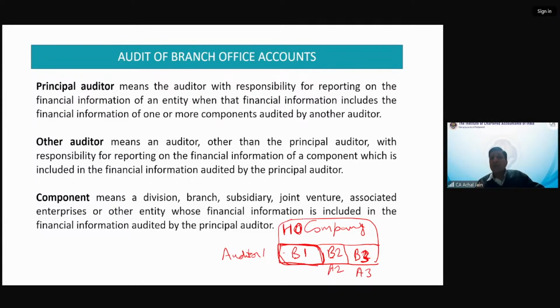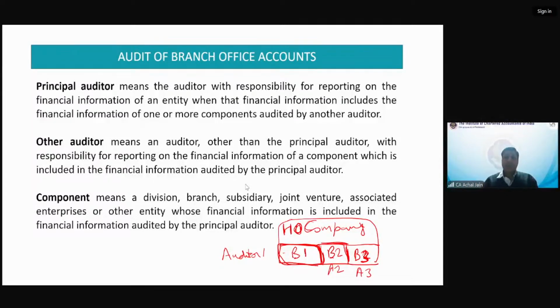Because each branch will only prepare its own trial balance or financial statements, its own books of accounts. But for this company, what is required? Financial statements of the company as a whole. Yes or no?